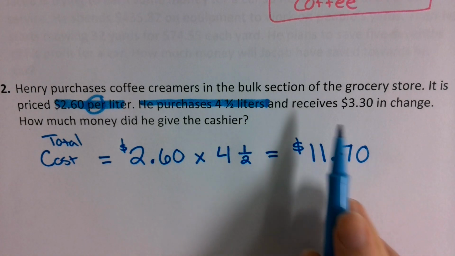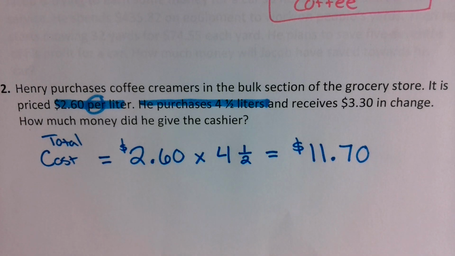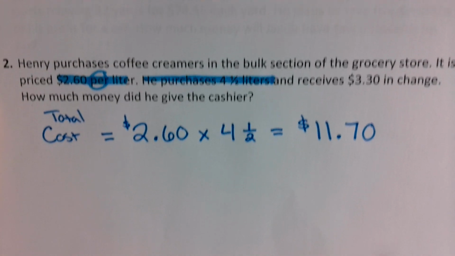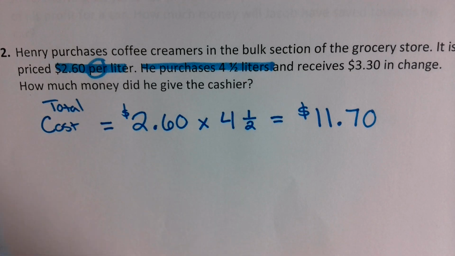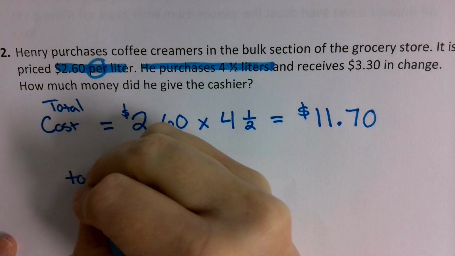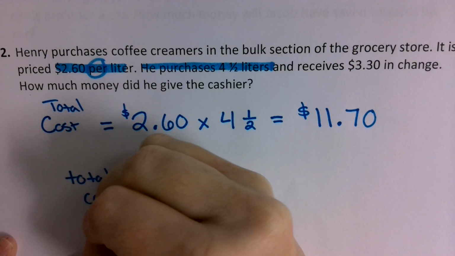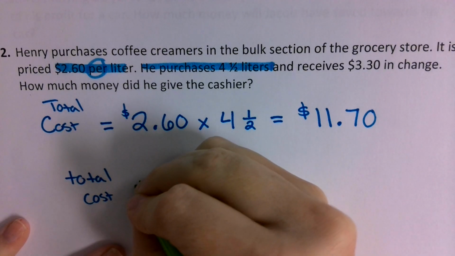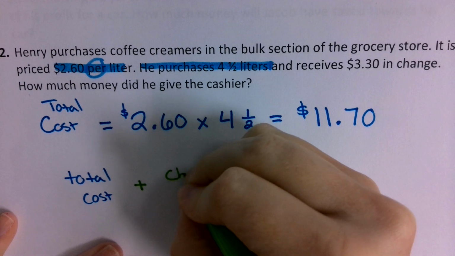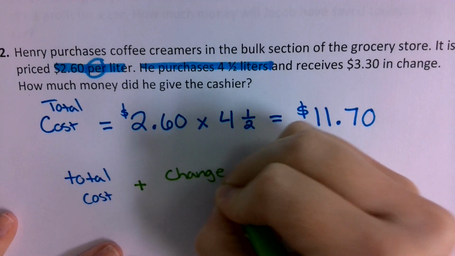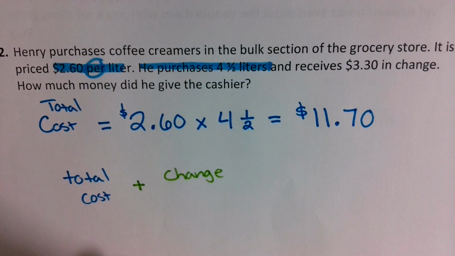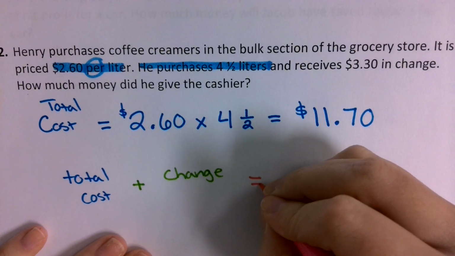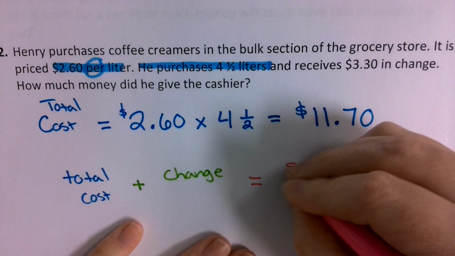Now, he receives $3.30 back in change. So here's how we figure out our change. If we take our total cost and we add it with the change that's given back to us, then that's going to be equal to the money we gave.